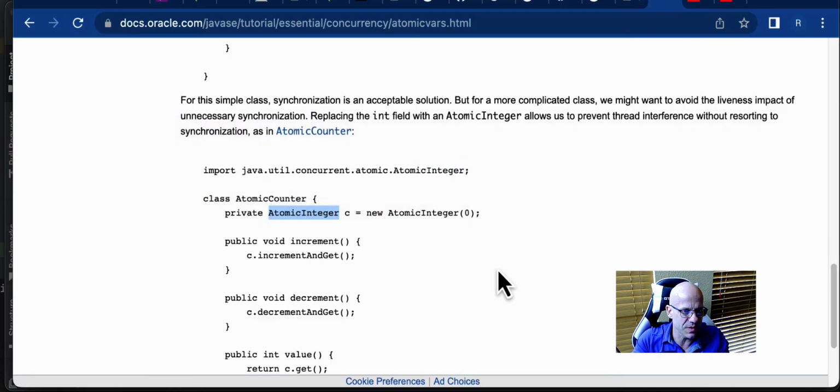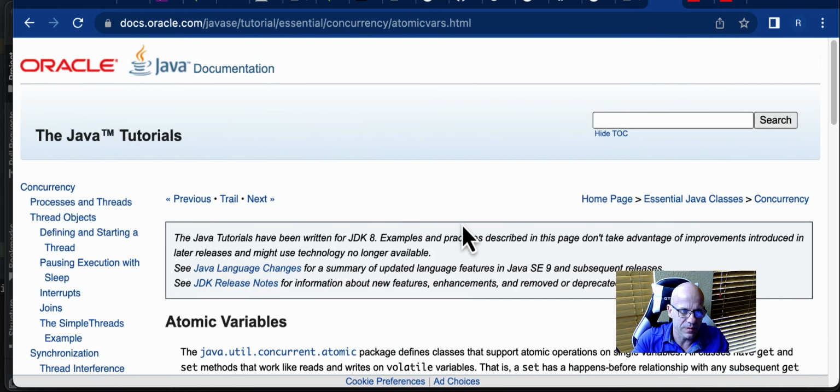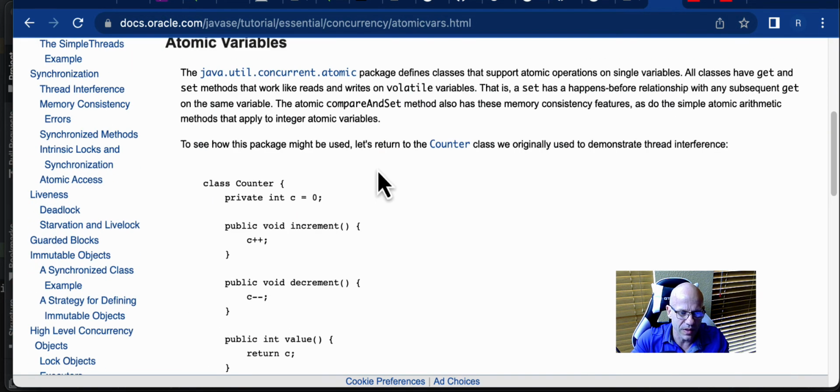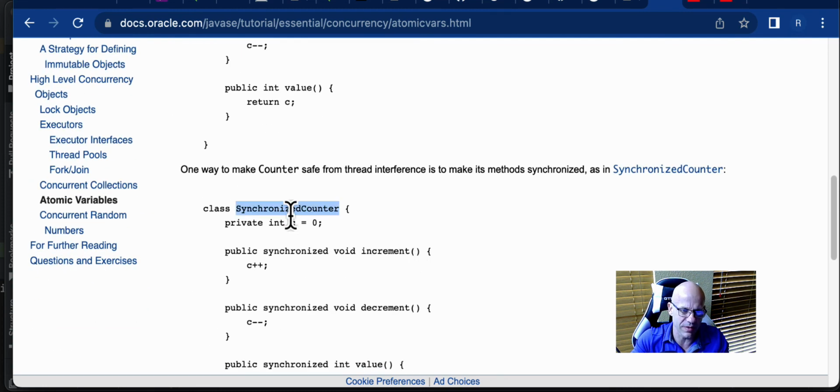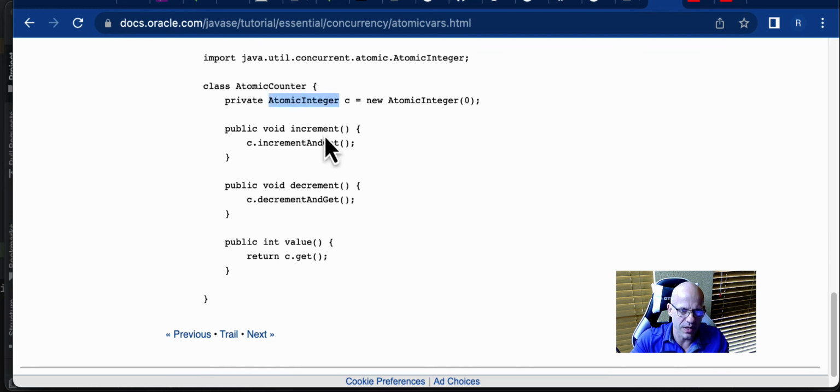There's also a nice write-up in the Java tutorial from Oracle. It gives a little example here. This is a counter that's not thread safe. This is one that's using synchronized blocks, and this is one that's using an atomic integer.